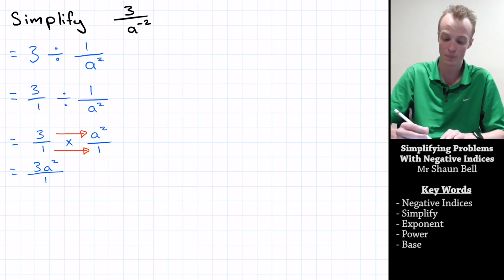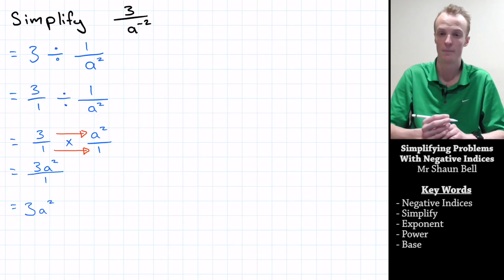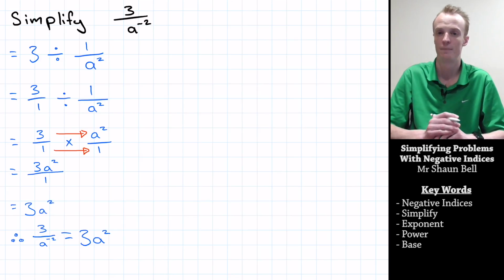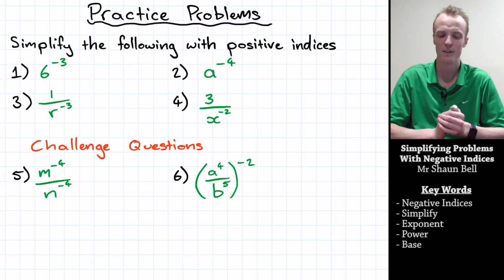Now anything divided by 1 is equal to whatever you started with, so that is equal to 3a to the 2nd power. So therefore we've discovered that 3 over a to the negative 2nd power is equal to 3a to the 2nd power.